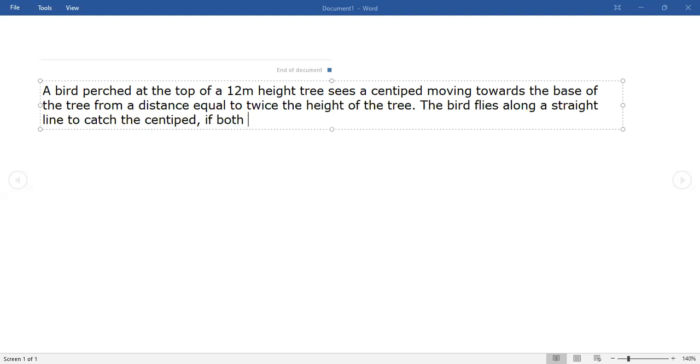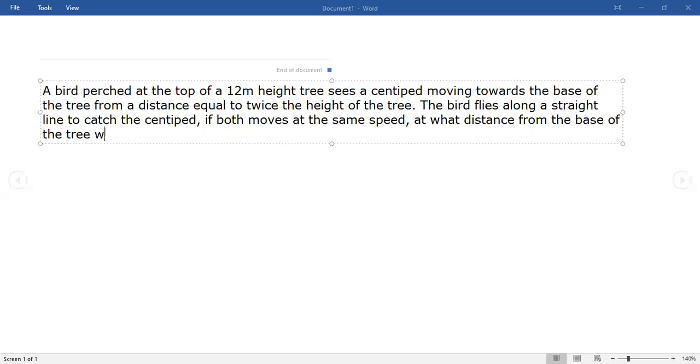If both move at the same speed, at what distance from the base of the tree will the centipede be picked up by the bird? That is a question. It was a previous CSIR question.